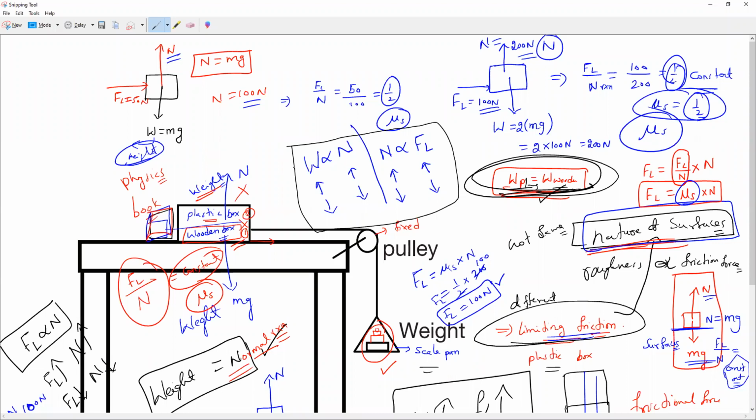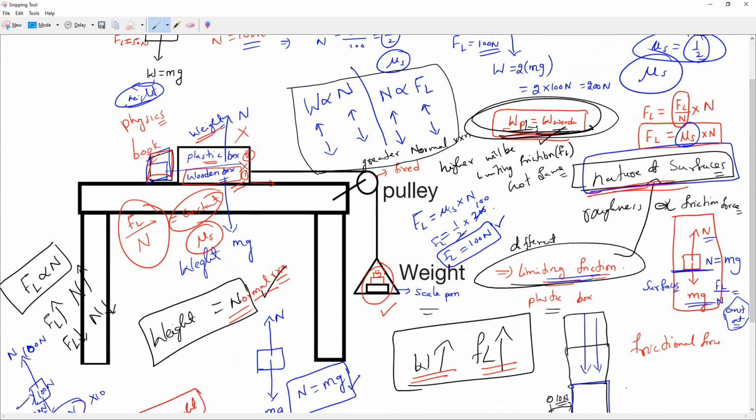So the greater the normal reaction, the higher will be the limiting friction. Please remember that. Okay, Gokul Raj, understood? So this is about limiting friction and static friction.